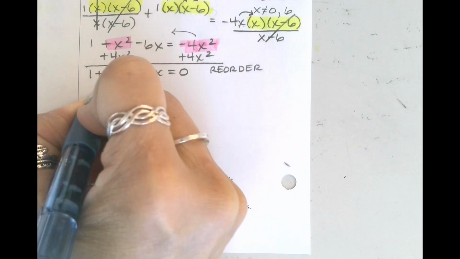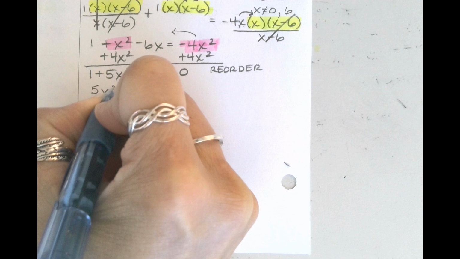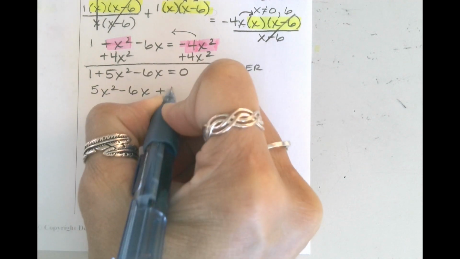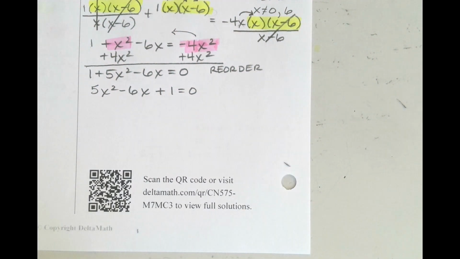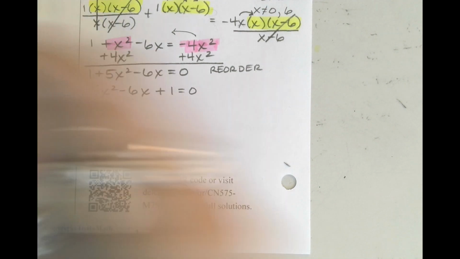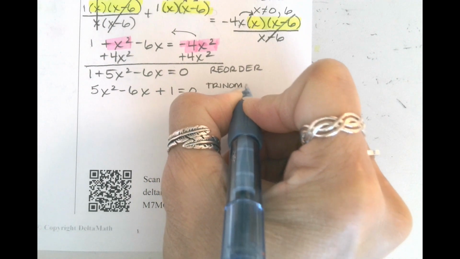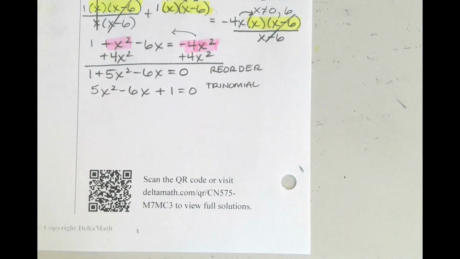The 5x squared definitely should go first, the negative 6x should go second, and then the constant goes last, because we want to have A, B, C as far as our coefficient values. Notice again, you do have a trinomial, and the reason I did this one more time wasn't necessarily to help you understand solving rational equations. It was to make sure everybody is getting this factoring bit.